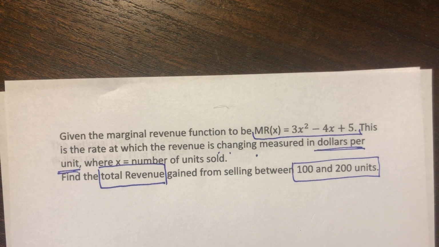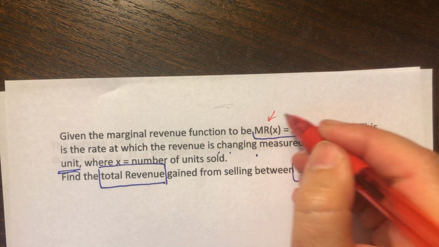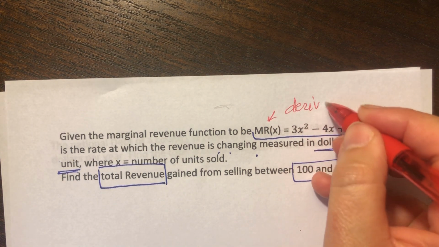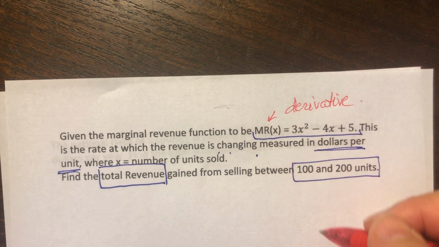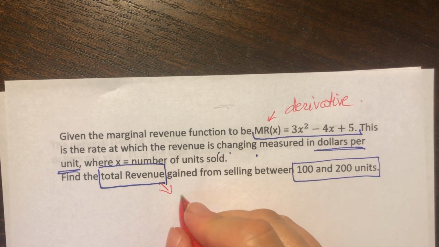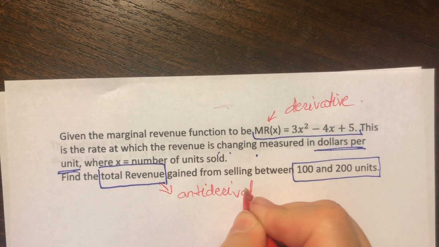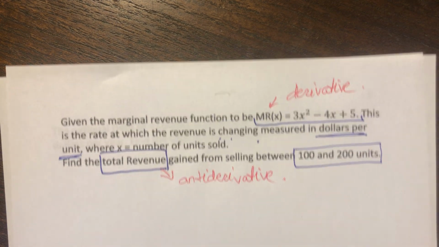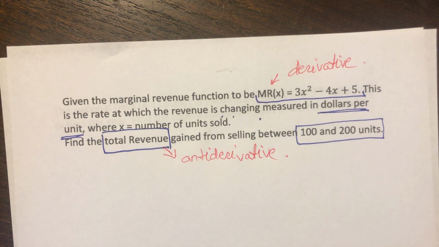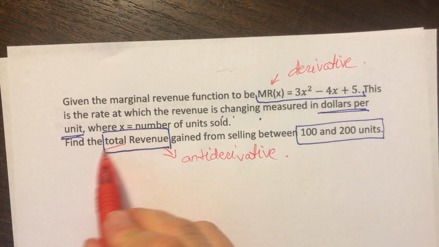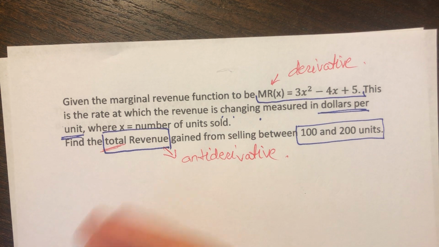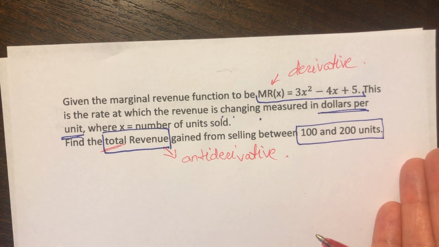So that's just what I said. I am given the derivative, and I want to find the antiderivative. Okay, and not just any, but the total. I'm not asking to find a revenue function or an equation for the revenue expression, right?